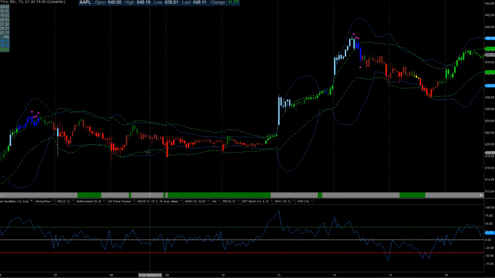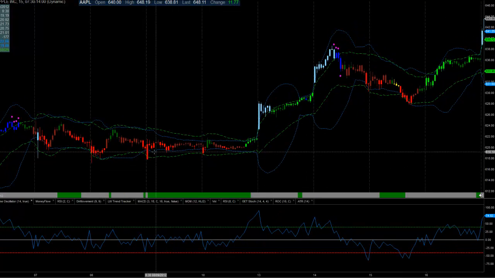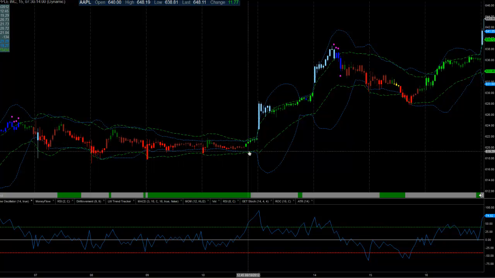And again, the Keltner channels aren't calculated exactly the same way as most people do it. eSignal is a little bit different, but this is a true method of how they're done. Anyway, if you look here, you can see this time period. The Bollinger Bands are inside the Keltner channels.